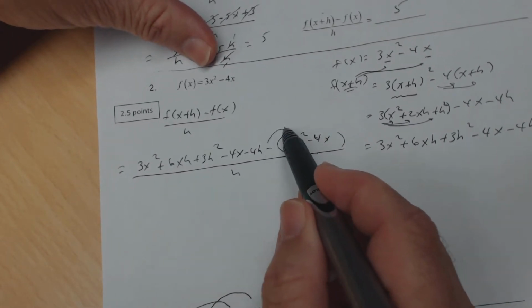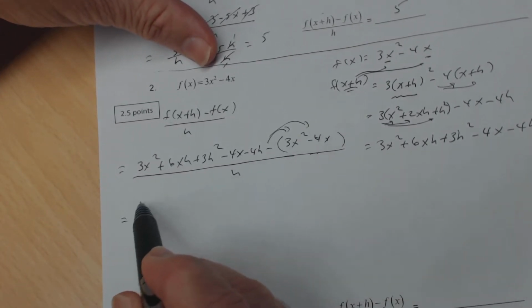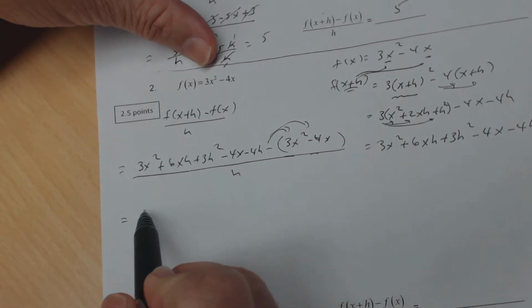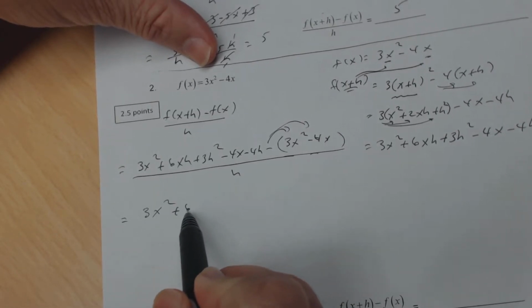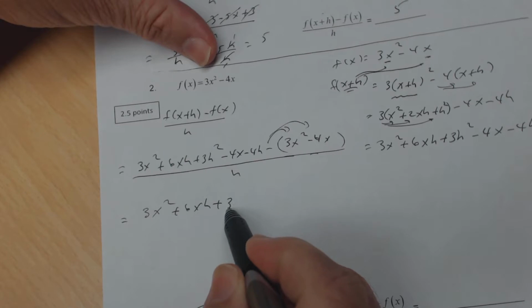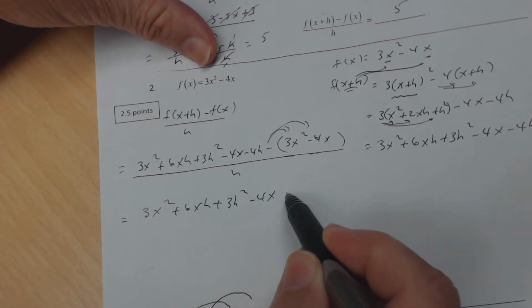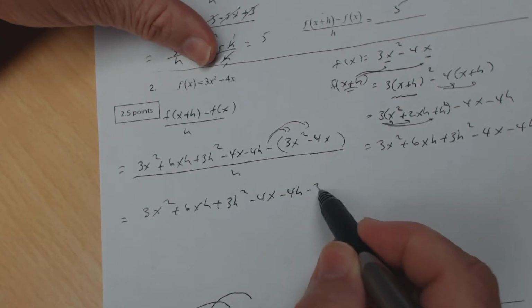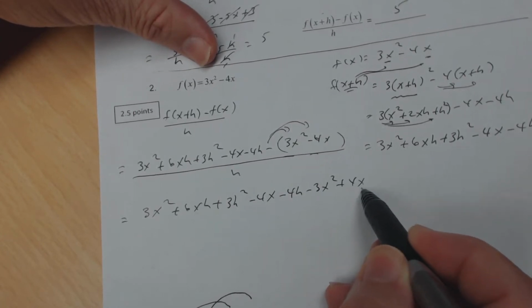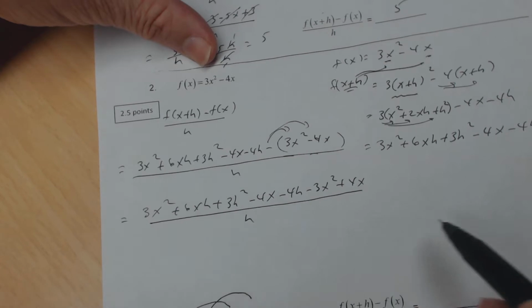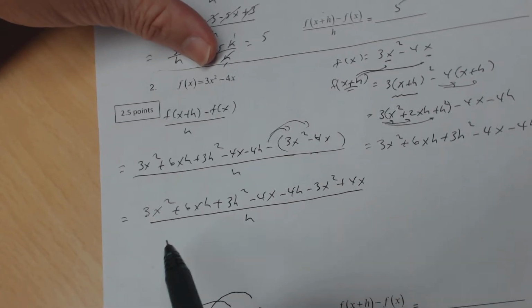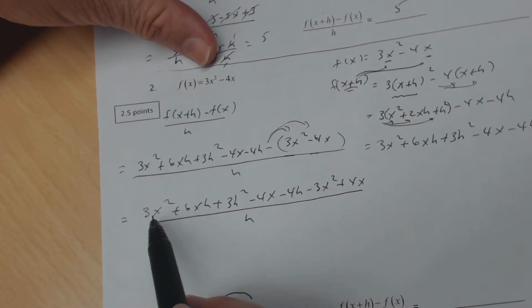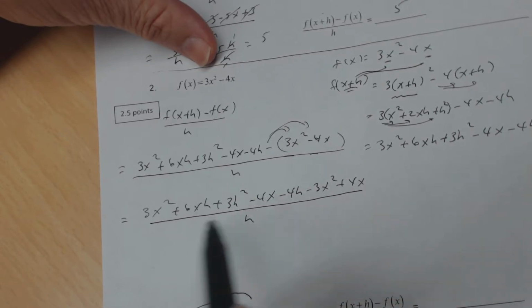Alright, now this next step, we're just going to distribute this. So rewrite everything else over: 3x squared plus 6xh plus 3h squared minus 4x minus 4h, and then when I distribute the negative 1 through there, I get minus 3x squared plus 4x all over h. Okay, so it's at this point where the terms that don't have a factor of h better cancel out with their opposite.